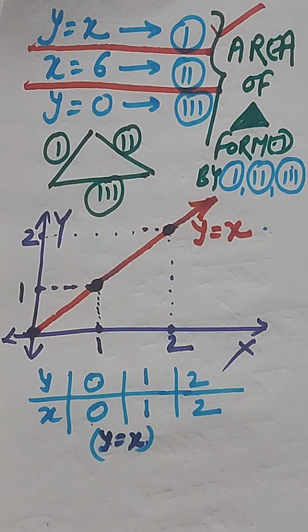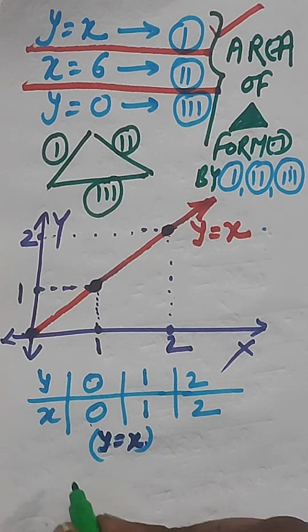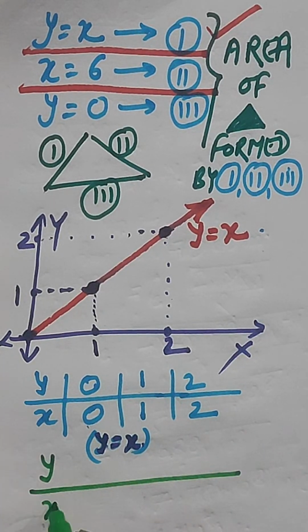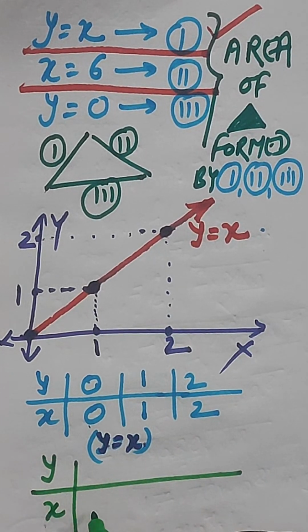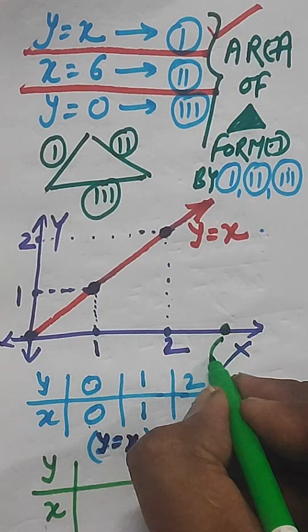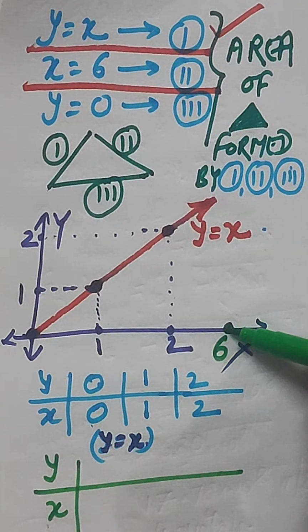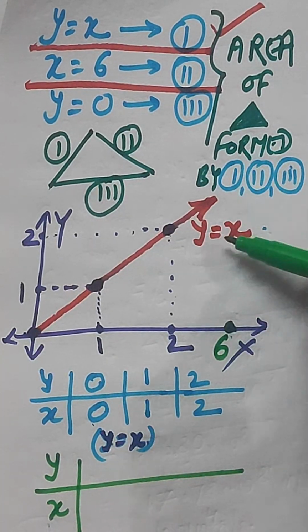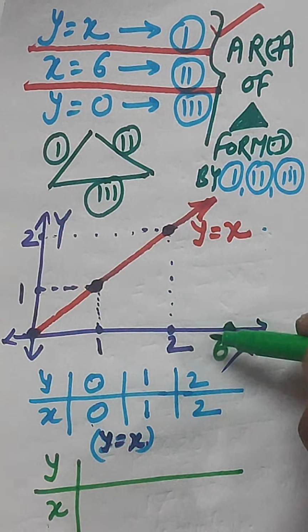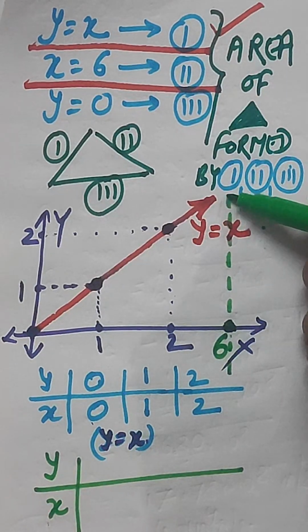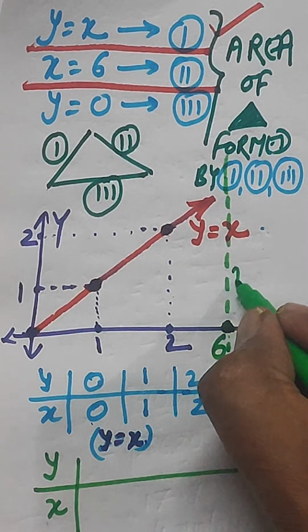Let us draw that. For x equal to 6, just plot it. Y and x. For x equal to 6, you can see, I am not drawing it as per a scale. x equal to 6 is a line which will be parallel to the y-axis, because at all these points this will be for x equal to 6.